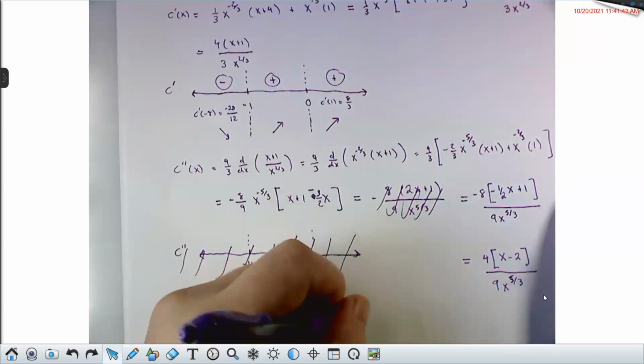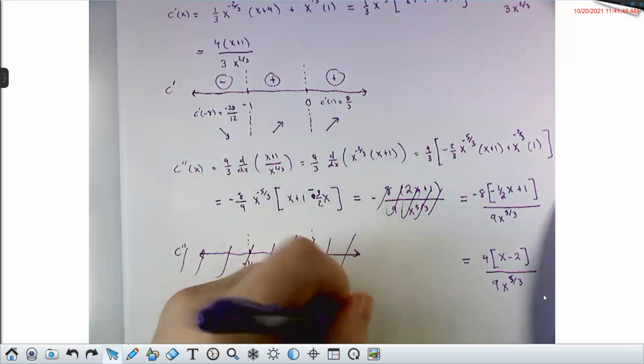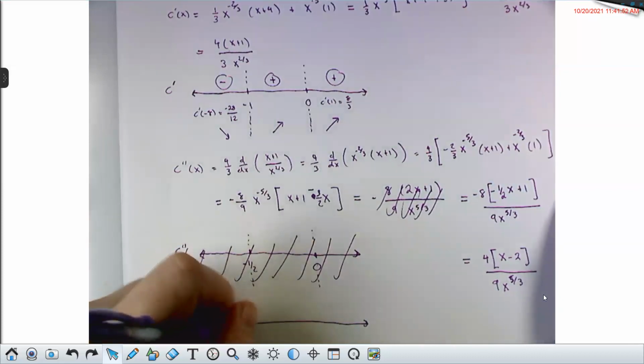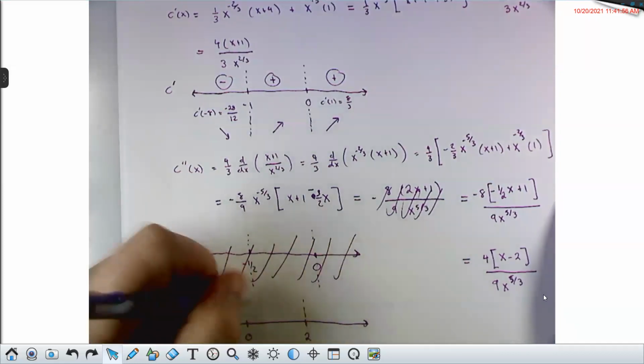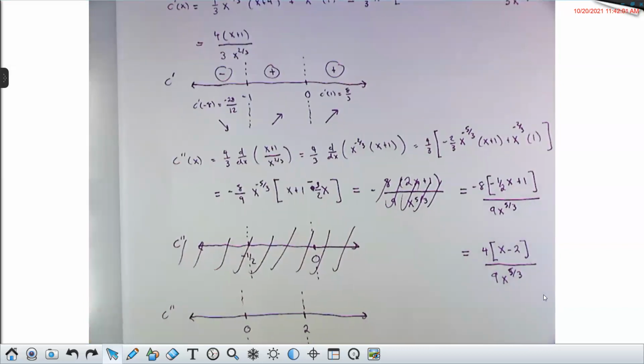So my second derivative's number line should have 2 and 0 on it. All right, now we're ready to rock and roll.